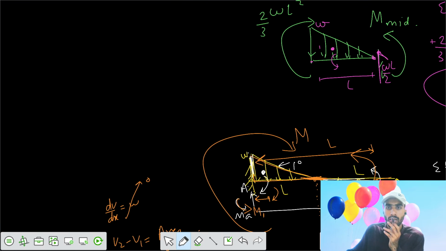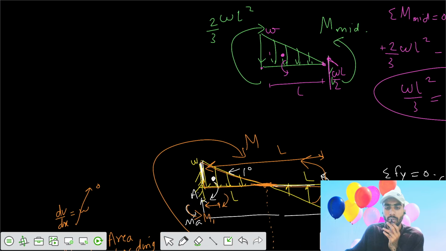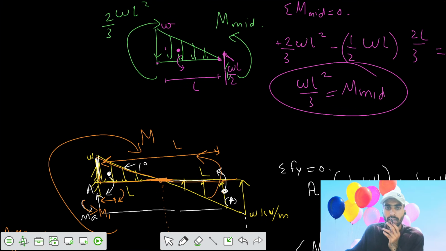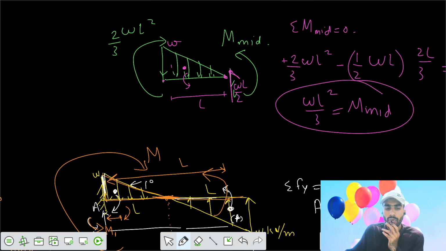Since we know the bending moment is the summation of all the moments from either side of the section, if you cut the section at mid, you got a moment of WL square by 3 in this direction, that means for this side it would be a moment of WL square by 3 in the opposite direction.